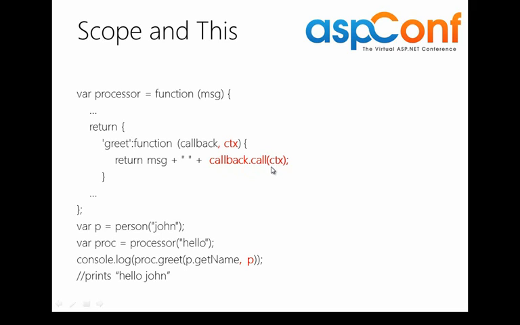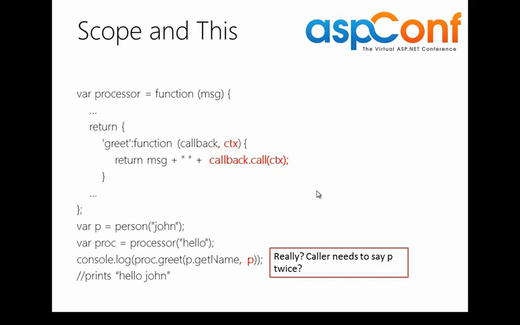So we're specifying that this within the callback should refer to whatever is passed in as the second argument. So if we do var p equals person John, and var proc equals processor hello, console.log processor.greet p.getName p, we get what we expect, as in it prints hello John.